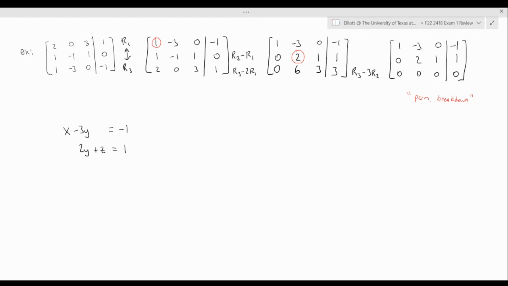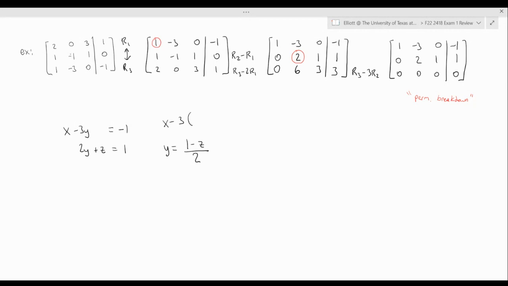So what I'm going to do is take the second equation and move things around. I'm going to solve for y. So I'm going to move the z over and then divide by 2. So we're going to get y is 1 minus z over 2, okay? All right, so then I can do back substitution. I can substitute this into the first equation.